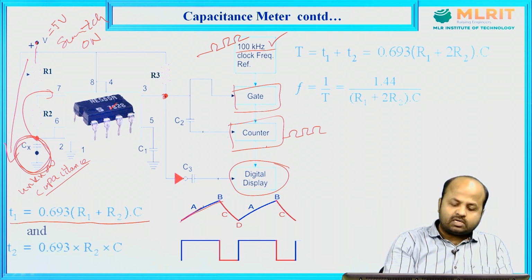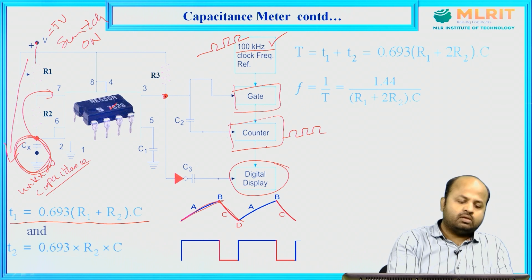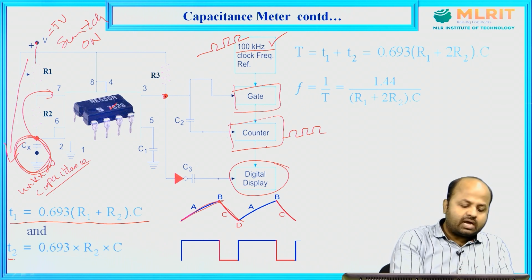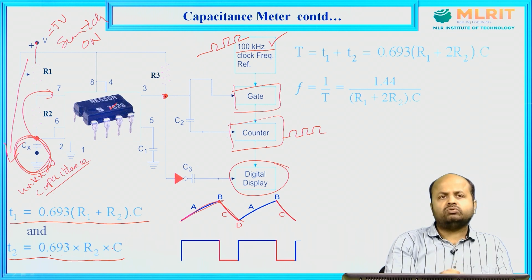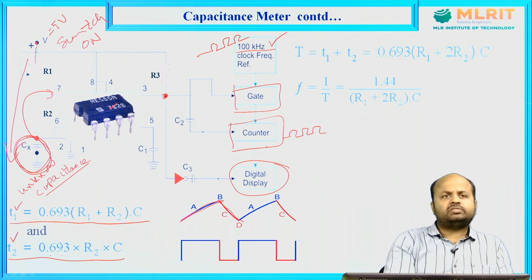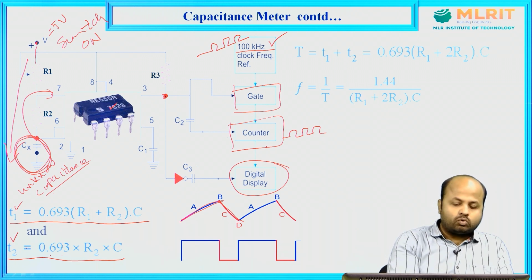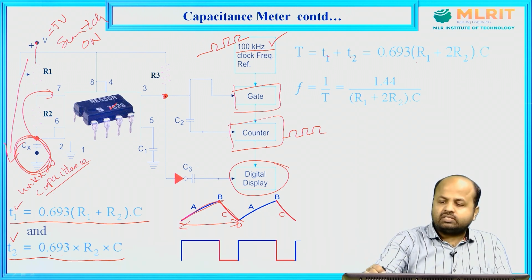The time period of discharging is given as 0.693 R2 C. So this is charging time, this is discharging time. The total time period of this signal becomes T1 + T2, that is 0.693 (R1 + 2 R2) C.